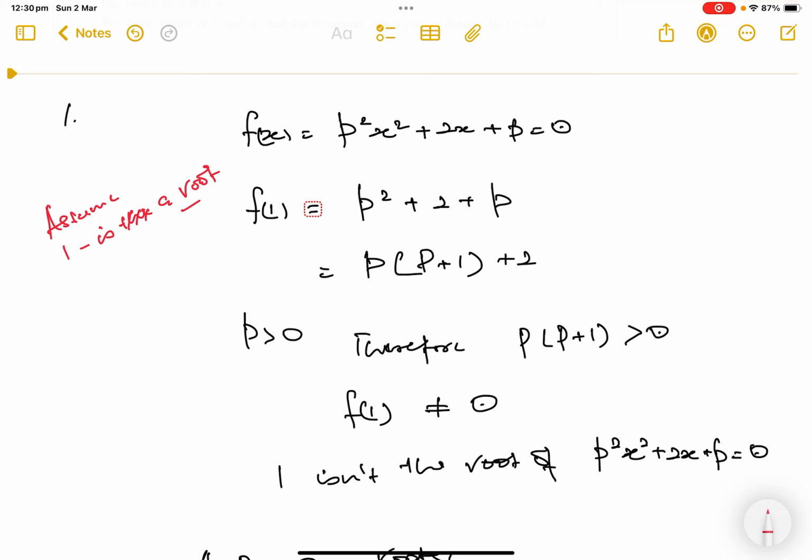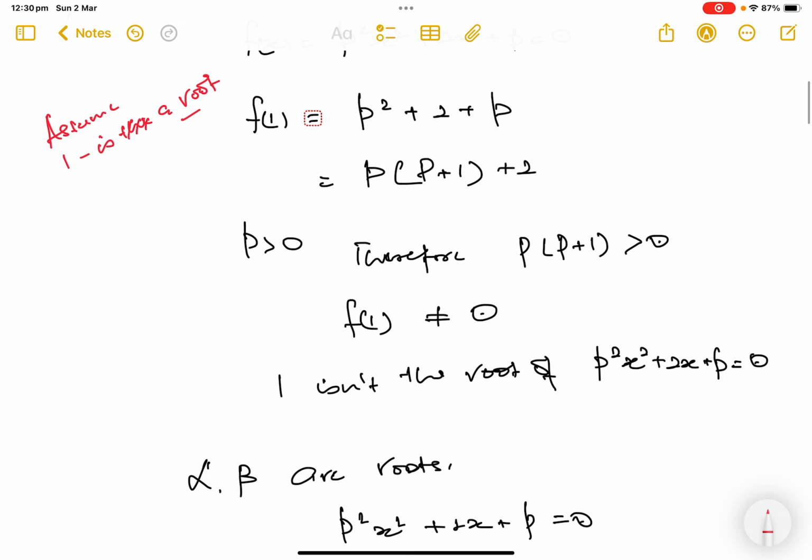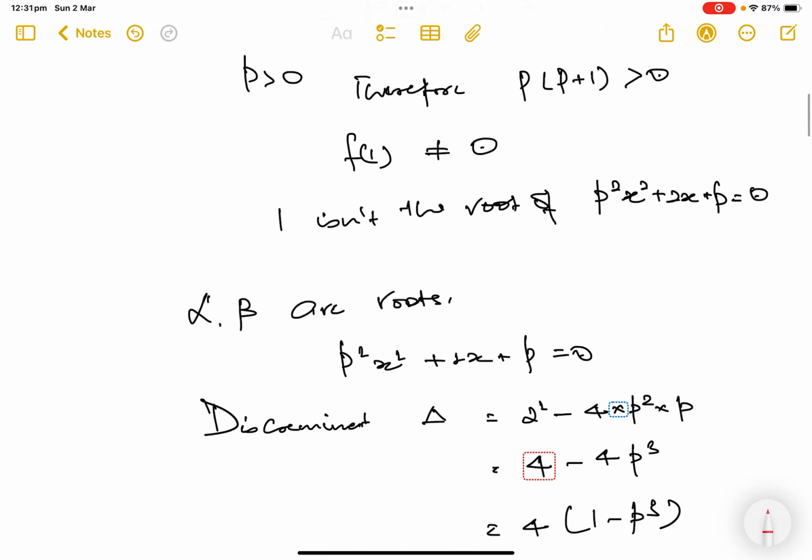Therefore p plus 1 must be greater than 0, and p times p plus 1 must be greater than 0, and adding 2 it is still greater than 0. So f of 1 isn't 0. Therefore, 1 isn't a root of p squared x squared plus 2x plus p equals 0. So the first part is done.